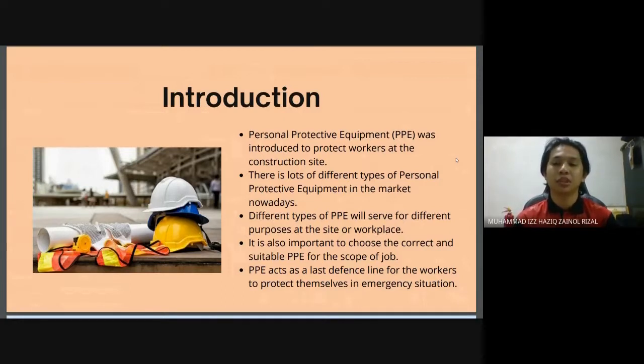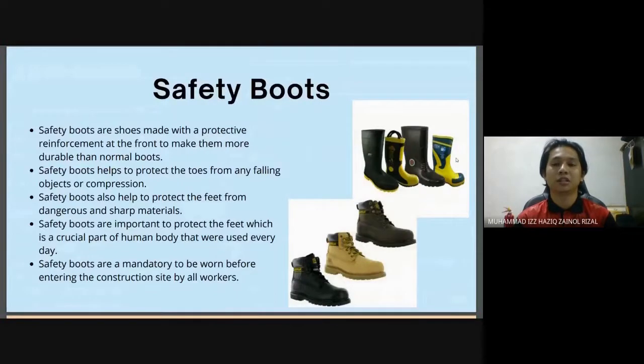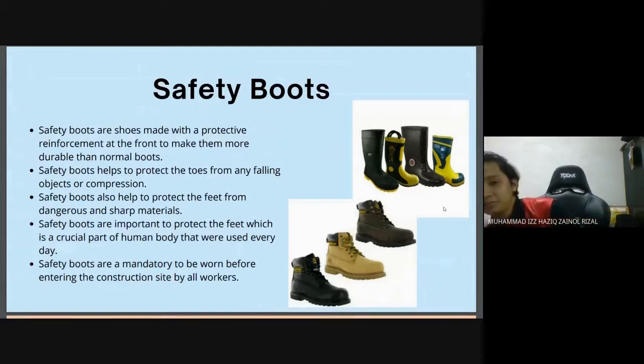So let's look at the first PPE. Okay, safety boots. So what are safety boots? Safety boots are shoes made with a protective reinforcement at the front to make them more durable than normal boots. Here I have an example of safety boots.